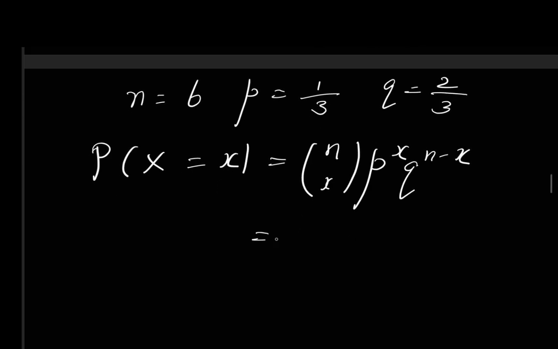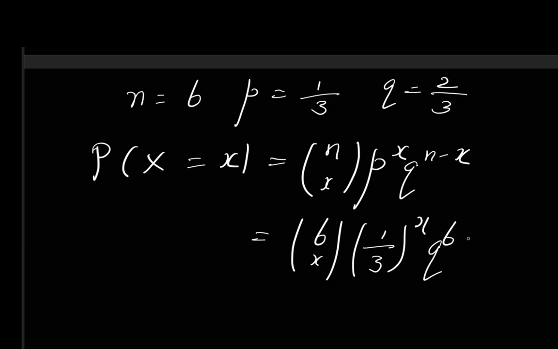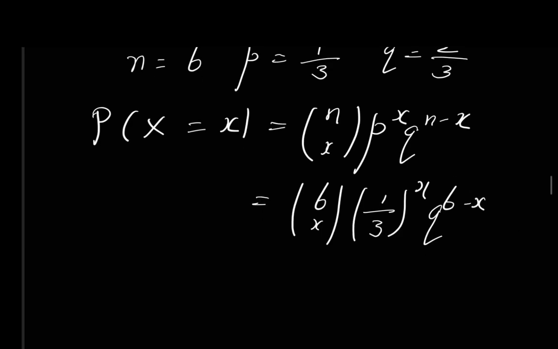N is 6. 6Cx, 1 by 3 whole power x, Q power 6 minus x. So what does x take? X takes values 0, 1, 2, 3, 4, 5, 6, up to 6, because the n value is 6.